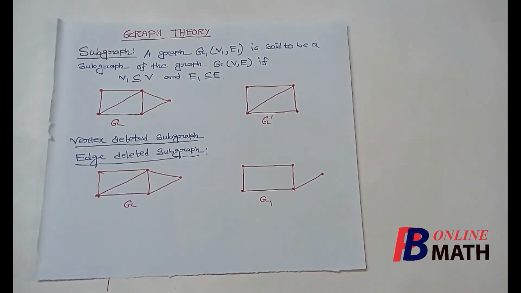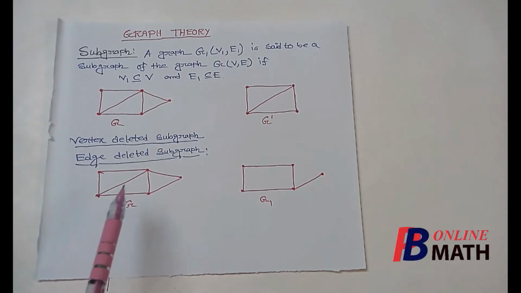Next one is edge deleted subgraph. A subgraph which is obtained by deleting one or more edges from a graph G is called edge deleted subgraph. Now as for example, if we consider this graph G and this graph G1, then this graph G1 has been obtained from this graph G by deleting only two edges, namely this edge and this edge.